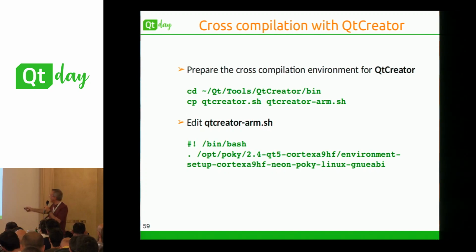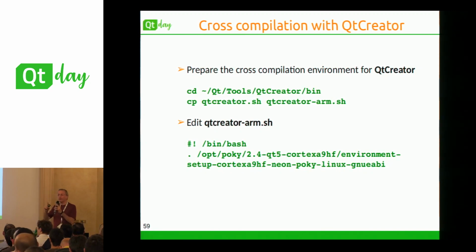And starting from now, you can call Qt Creator using this command instead of the other one. So you can have two icons on your desktop. You can start Qt Creator for x86 or for cross-compiling.